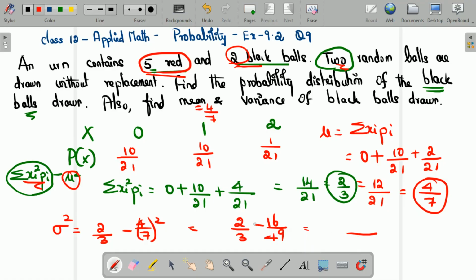So this is 49 into 2, this is going to be 98, minus 16 into 3, which is going to be equal to 48, divided by 49 into 3, which is going to be 147. So this is going to be equal to 50 by 147, no scope of simplification. So this is going to be the variance. So variance is equal to 50 divided by 147.